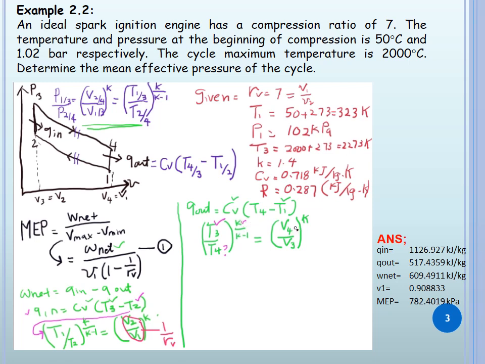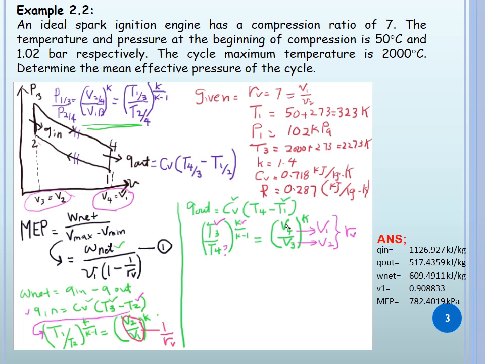And V4 over V3: V4 is equal to V1 and V3 is equal to V2, so this one is actually r, the compression ratio.